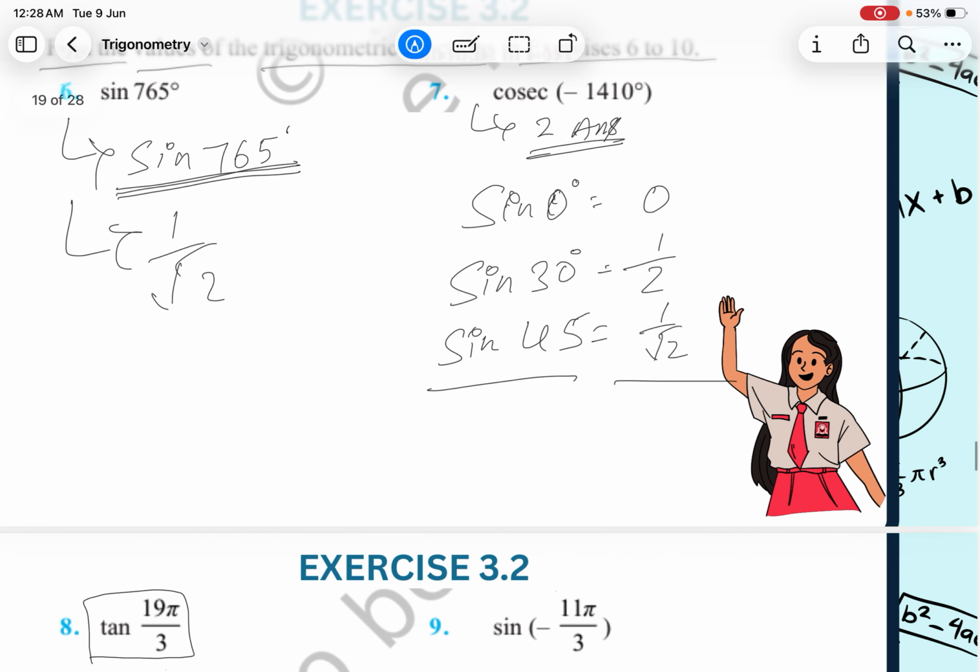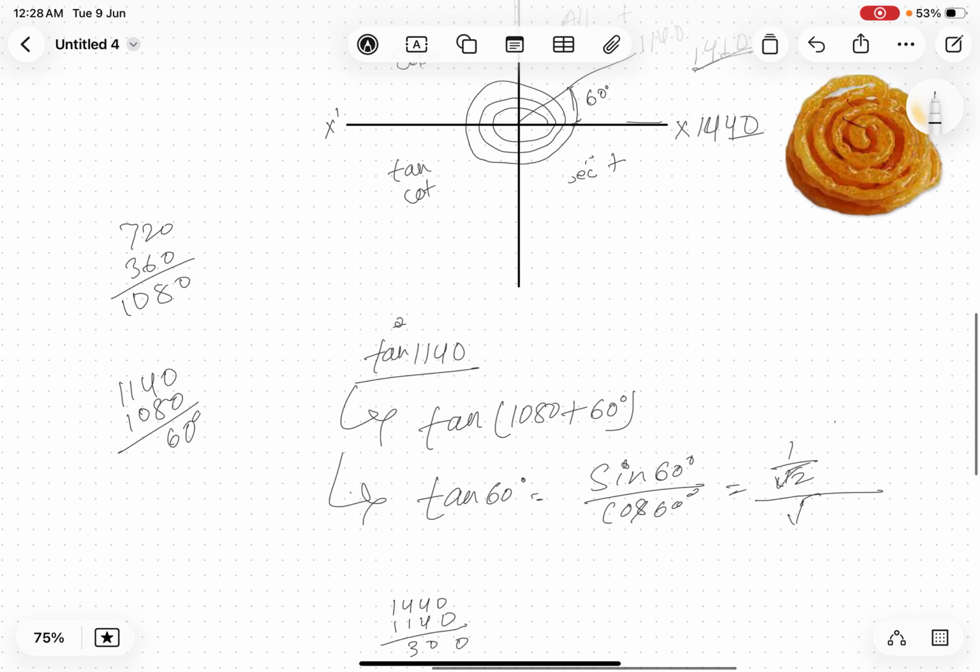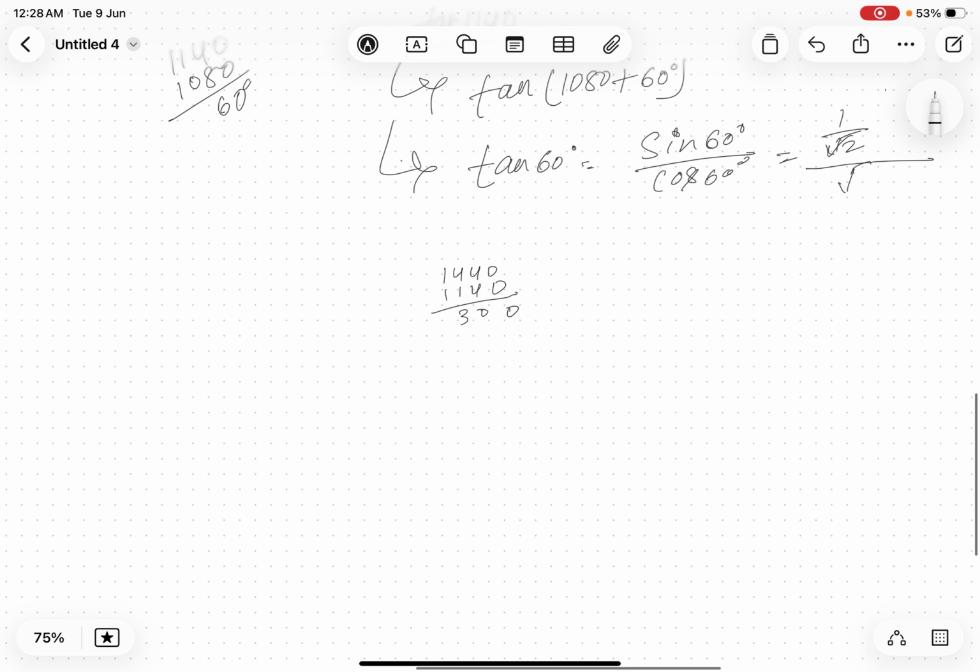Yeah, sine 60 degrees. Okay, here I will write, just a second. Sine: 0, 30 is 1 by 2, 45 is 1 by root 2, and 60 degrees equals root 3 by 2.